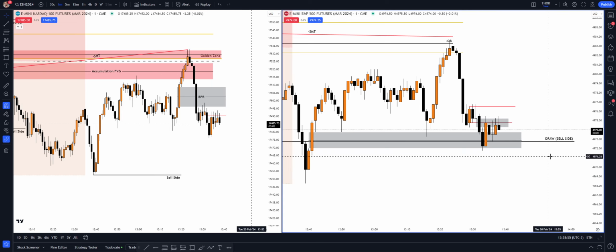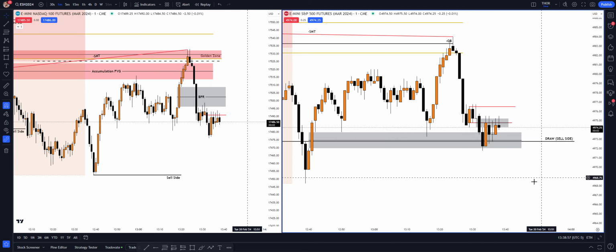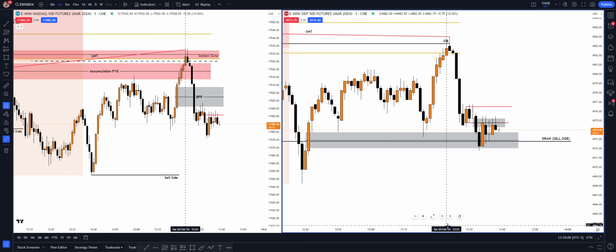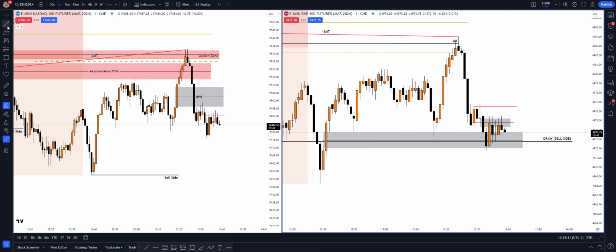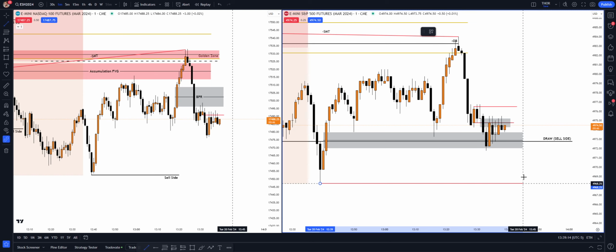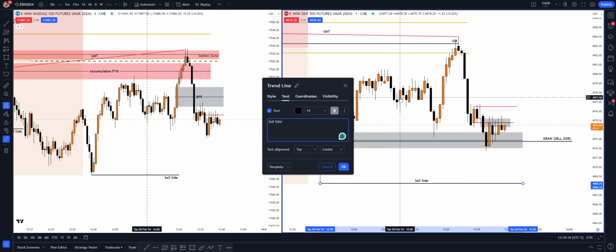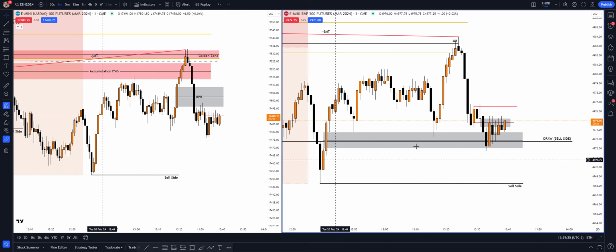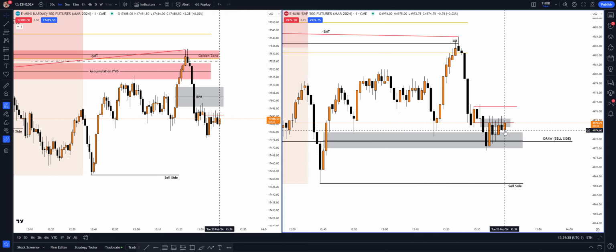Sometimes price just uses old sell side liquidity or buy side liquidity as a support and resistance level. Here, yes, sell side. Yeah, too much messing around.